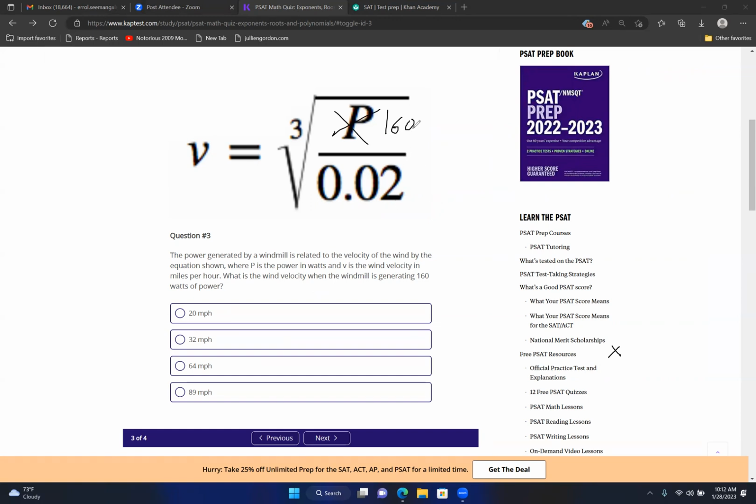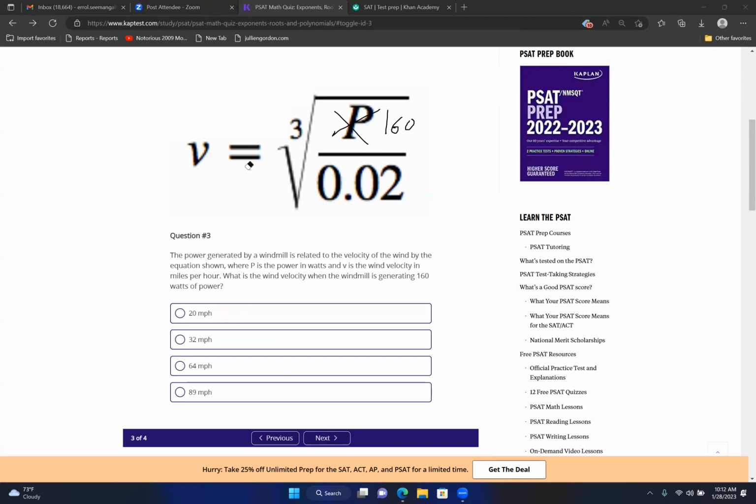Okay, so take your calculator or your phone, divide 160 by 2%. What's 160 divided by 2%? 8,000. Okay, so what number times itself 3 times is 8,000?